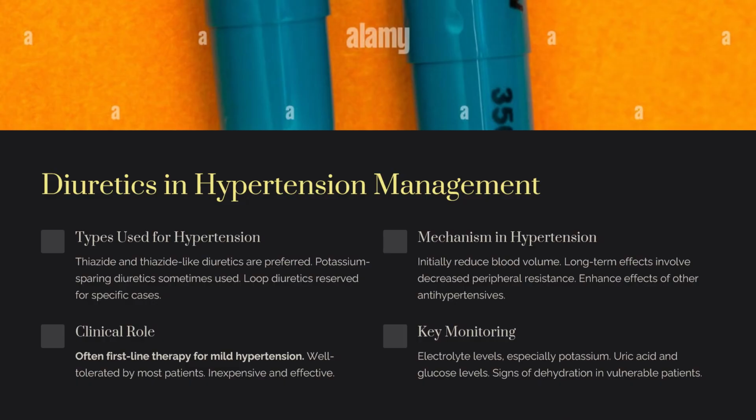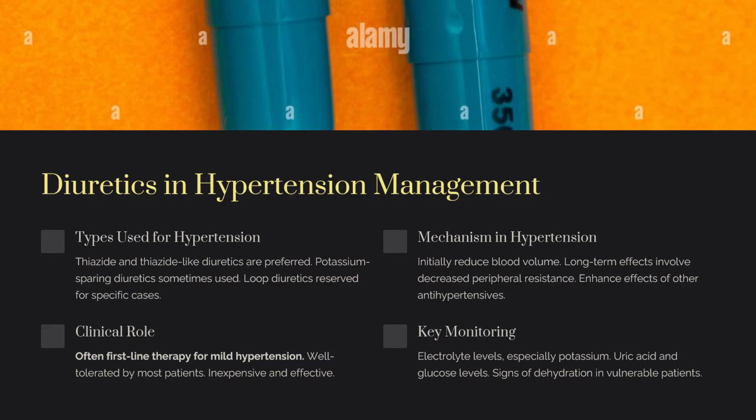All right, diuretics. So these are given to treat high blood pressure or fluid overload, which could be a result of heart failure. There are different kinds that are used, so thiazide or thiazide-like diuretics are what we would prefer to give.